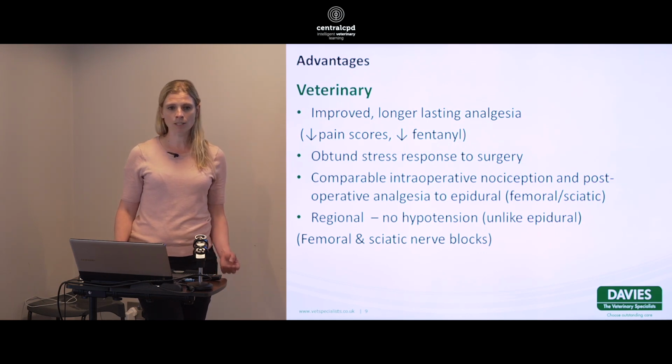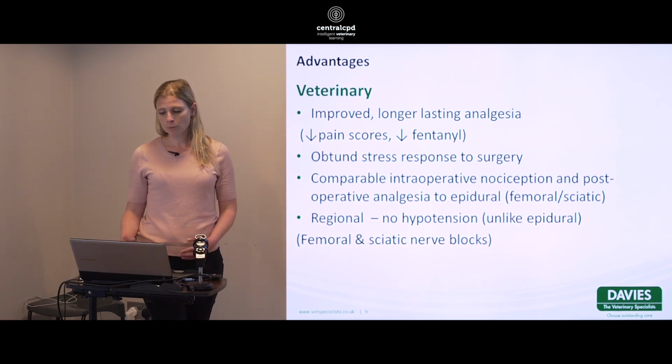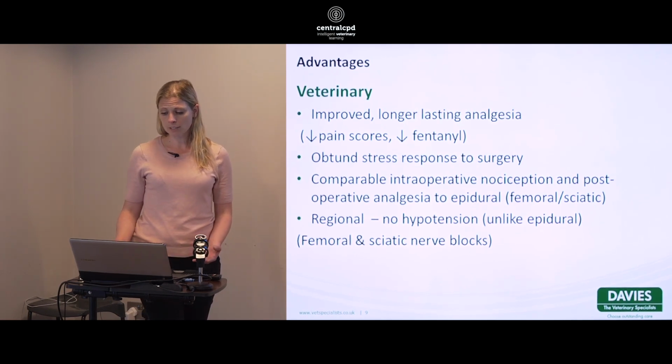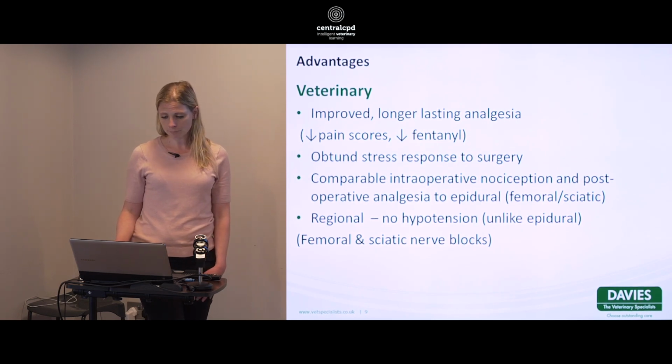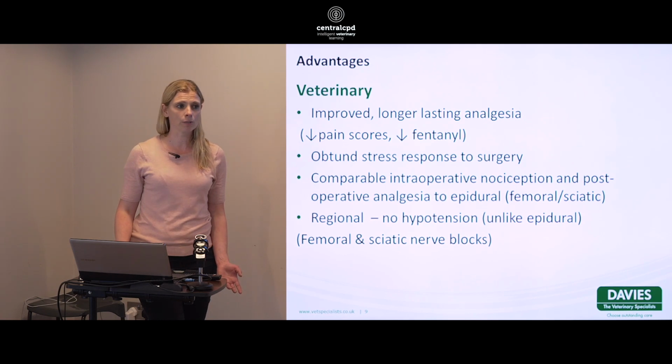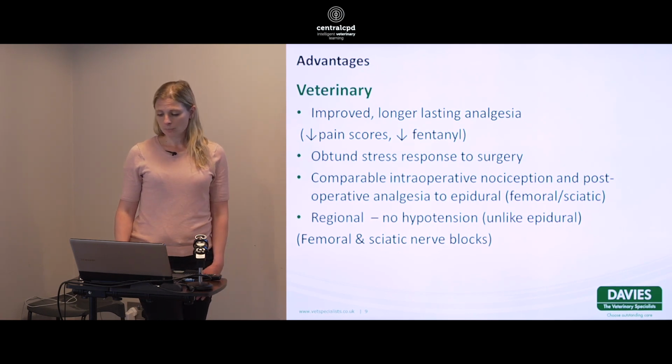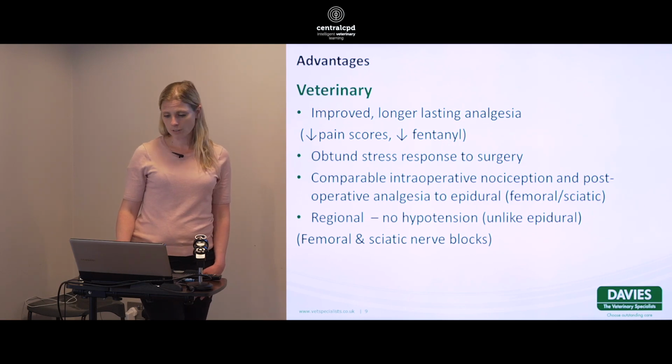So when an animal has a major operation, there's a huge stress response that starts in the body. But by providing regional anaesthesia, we can prevent that even happening. And lastly, peripheral nerve blocks, such as femoral sciatic nerve blocks, have the advantage that they don't cause hypotension that you might find with an epidural. So there are advantages and disadvantages of both, but these are some of the beneficial things that have been found.